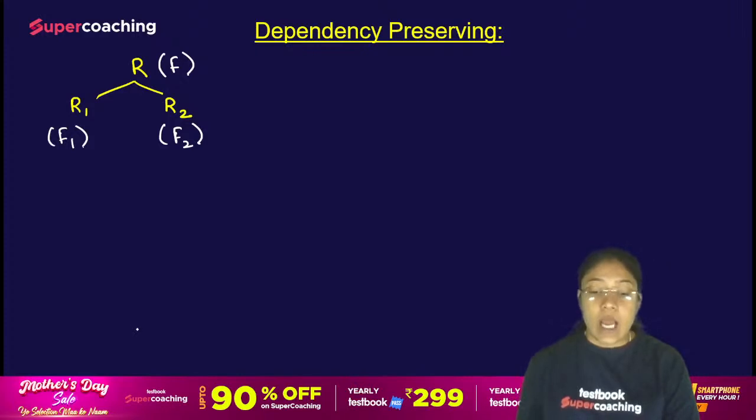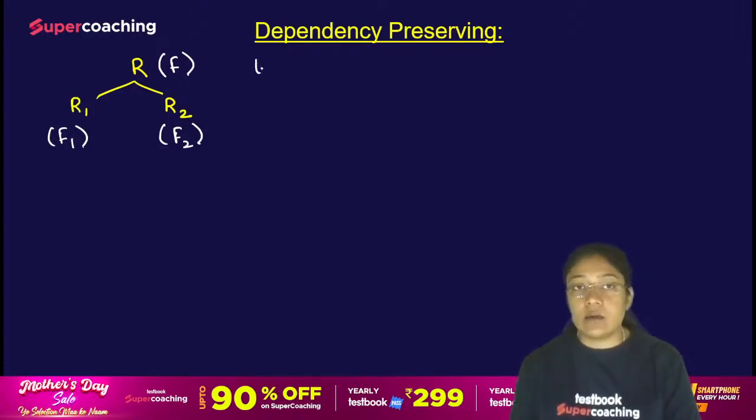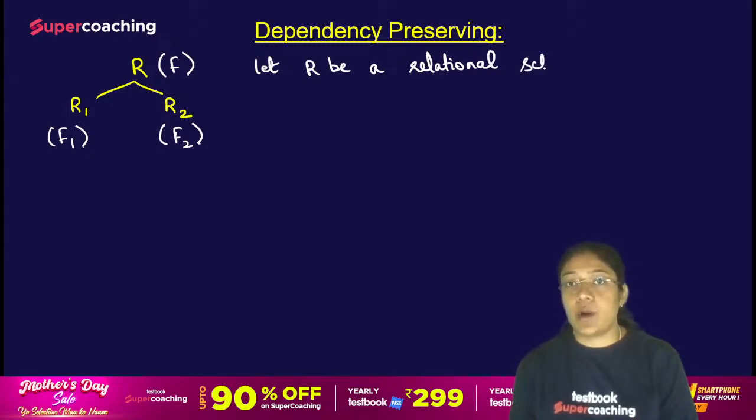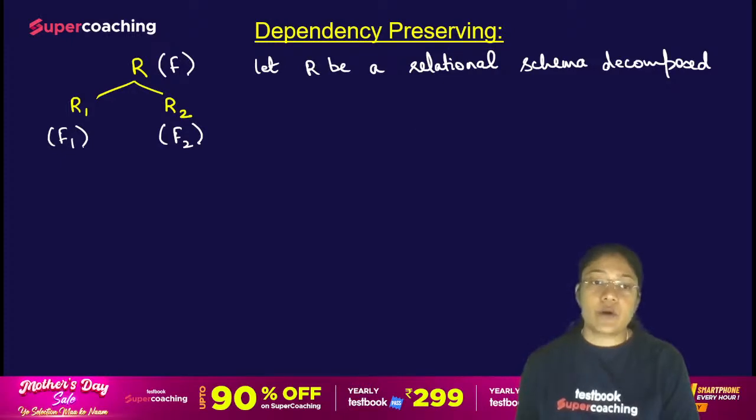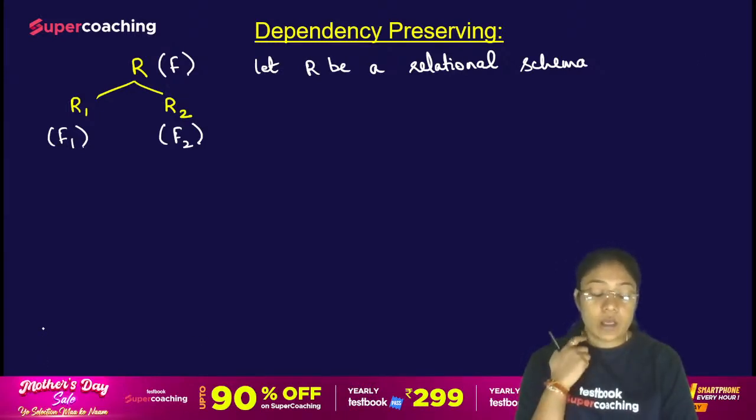Okay. Now what we are saying here, let R be a relational schema decomposed into the sub-relations schema with functional dependency set F, because here we have to consider the functional dependency as well. बच्चे मेरे पास अभी तक कोई रिस्पॉन्स नहीं आया कि लॉसी और लॉसलेस क्लियर हो गए.